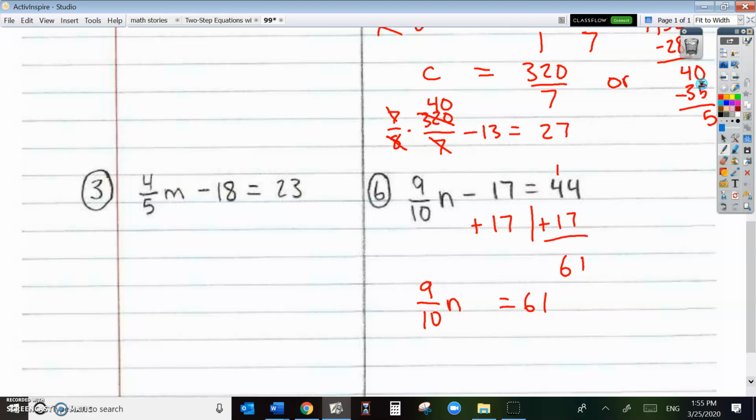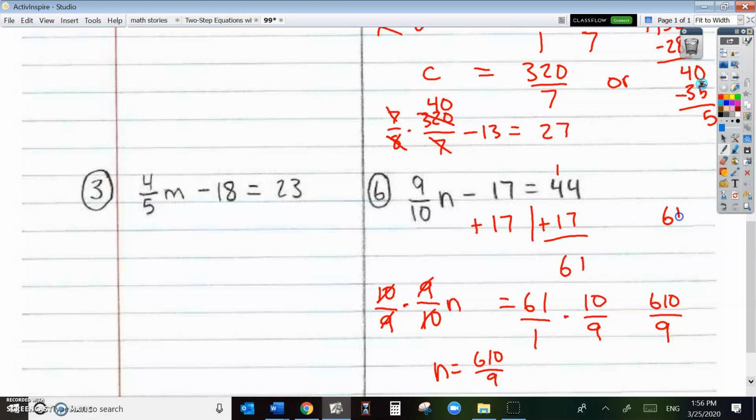Now multiply by 10/9, and on this side multiply by 10/9. 61 and 9 do not have any common factors, so multiply straight across. You get 610 over 9. These will all cancel. So n equals 610 over 9.